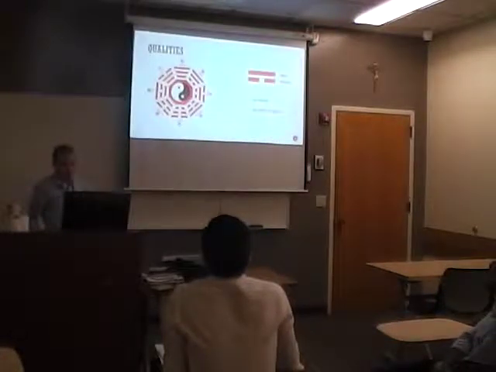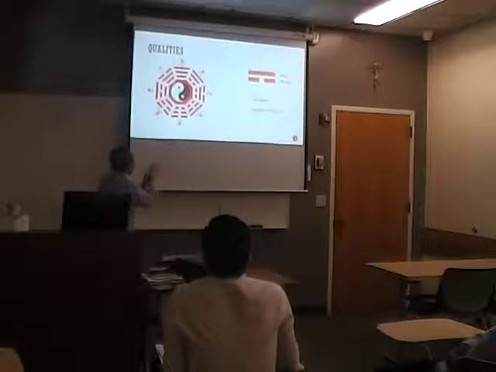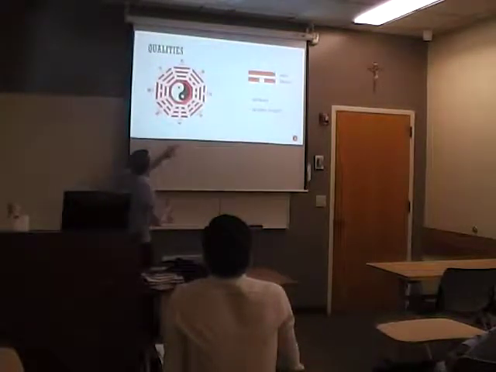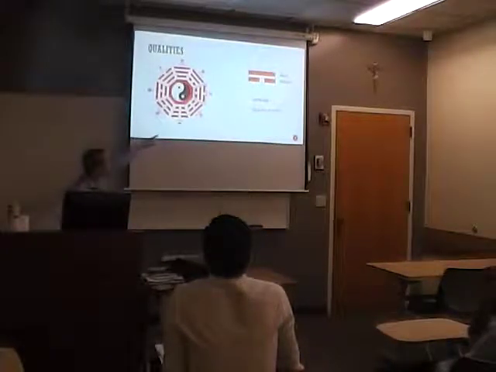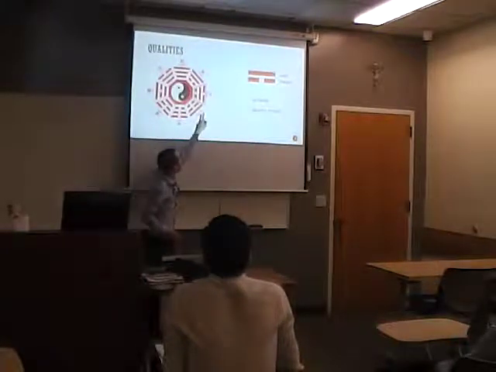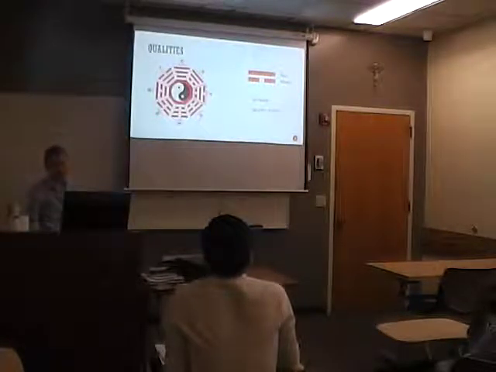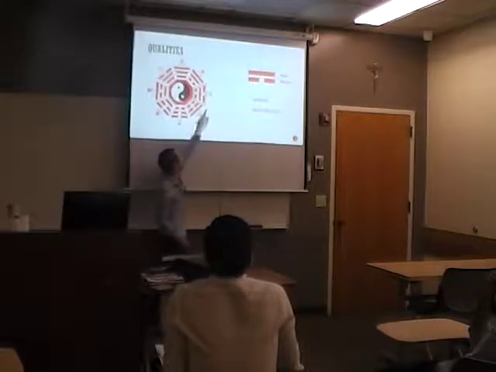I want to talk about something about this symbol. First, this one. This circle we call a trigram. We have eight trigrams. Tri means three, so we have three bars.